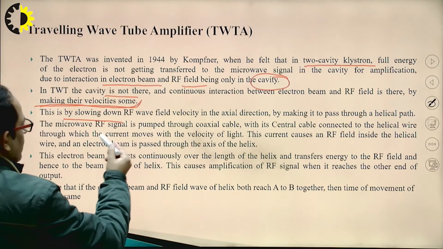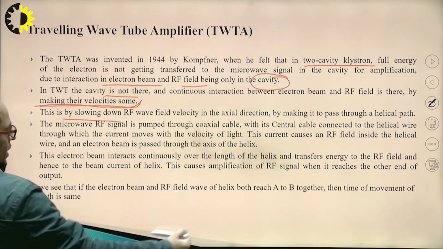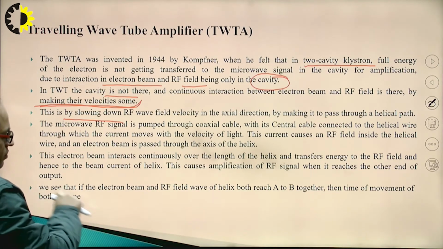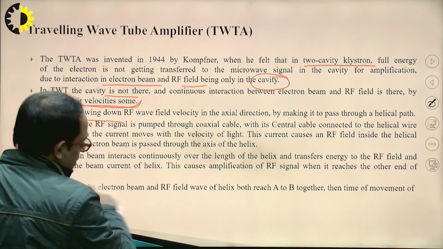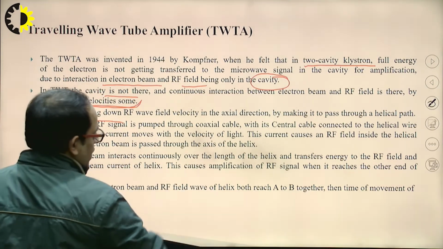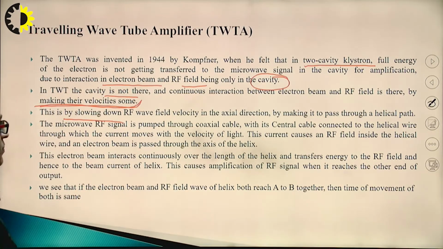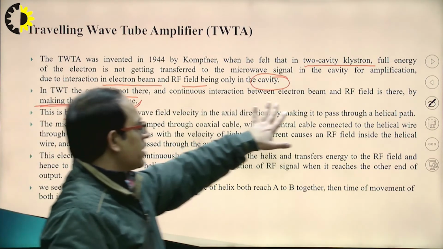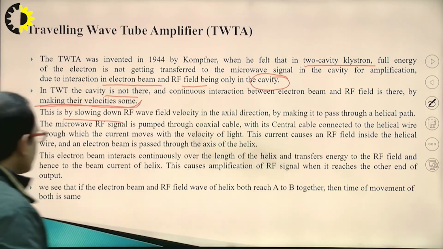Means this RF field is going to pass through the helical path, and the electron beam also passes through the helix. So there will be continuous interaction between the electron beam and the RF field.